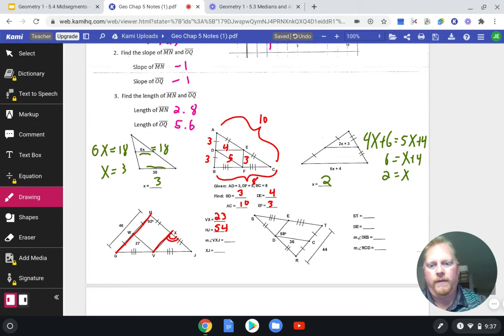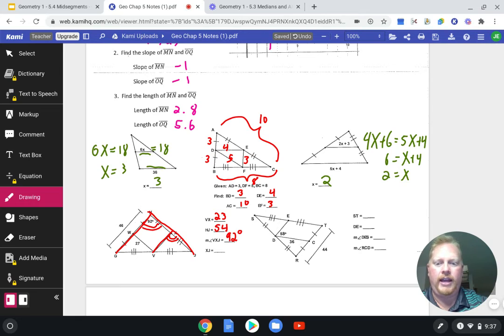And then I know this 92. Well, it looks like this 92 and the angle we're looking for are corresponding angles. So be on the lookout for corresponding angles, also alternate interior angles in midsegments. So I know angle VXJ is also 92 degrees.